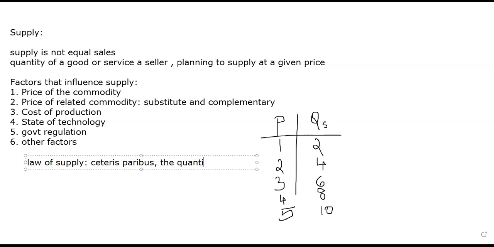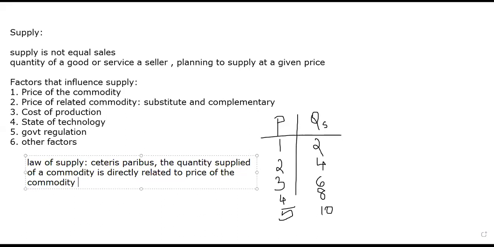The quantity supplied of a good or a service, of a commodity, is directly related to the price of the commodity. As and when price increases or falls, supply also moves in the same direction.